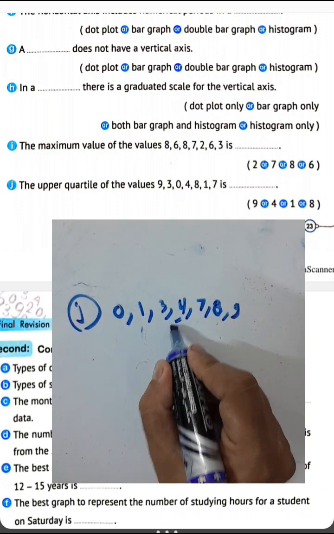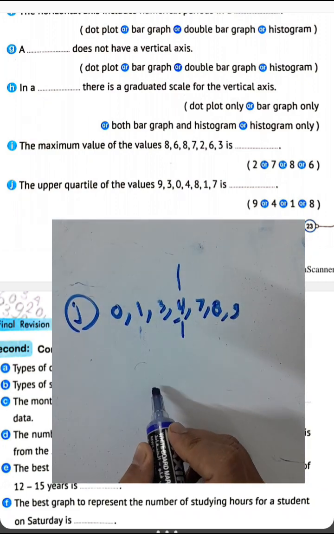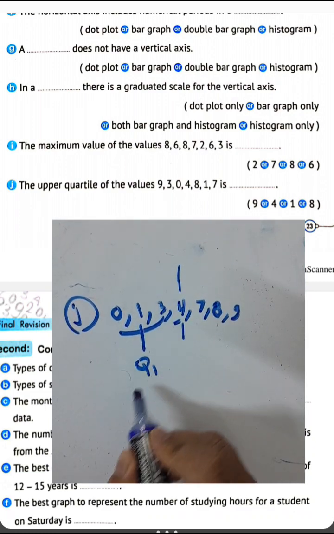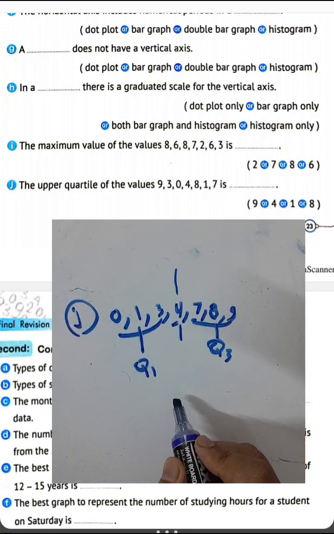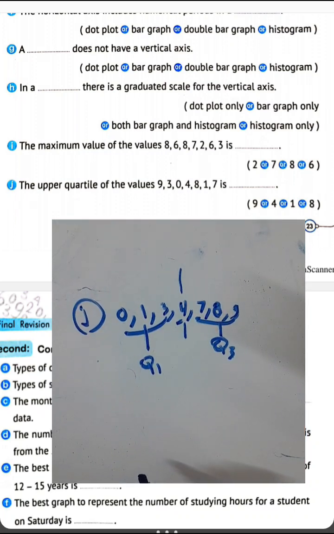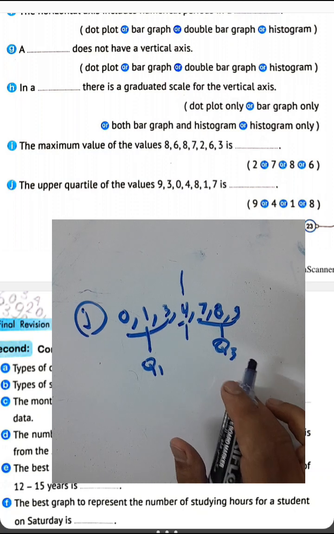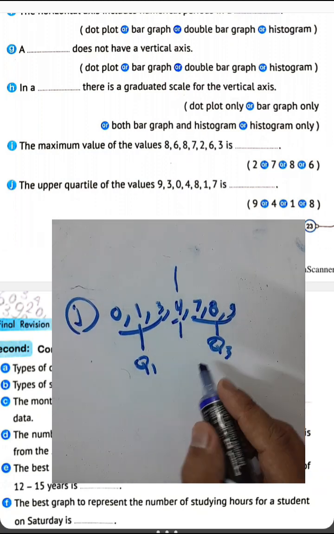We call it the median. The median will be 4. Four is the median, 1 is quartile 1, and 8 we call quartile 3. Quartile 3 is called the upper quartile. So the result will be 8 for question letter J.